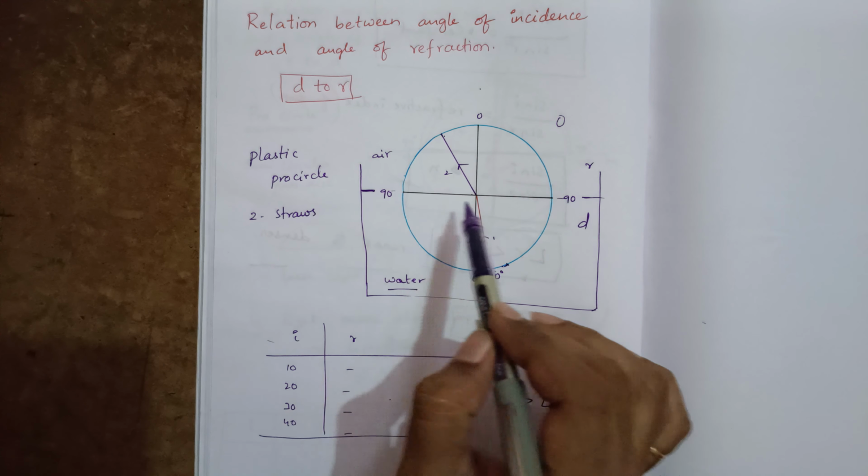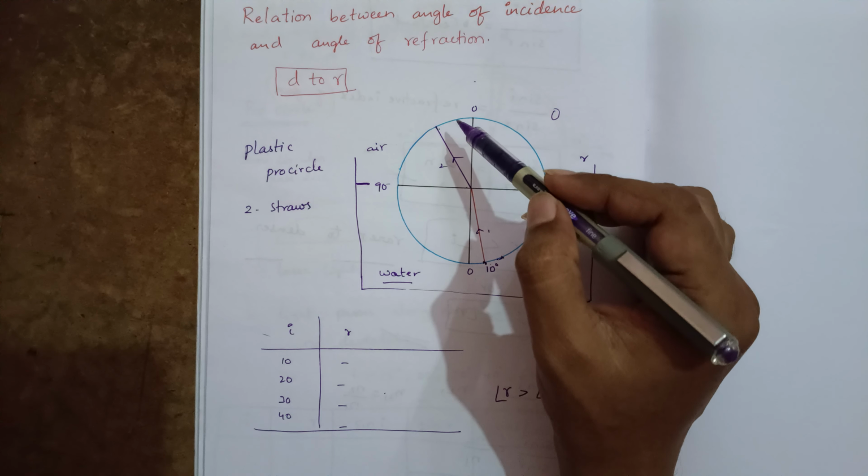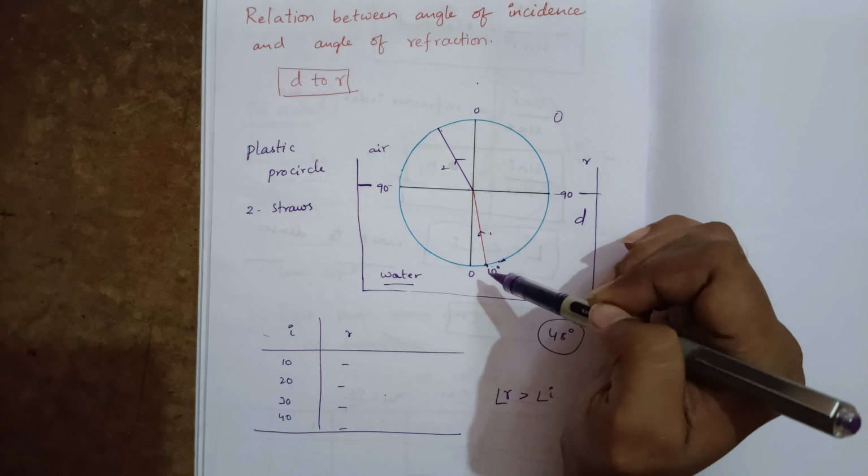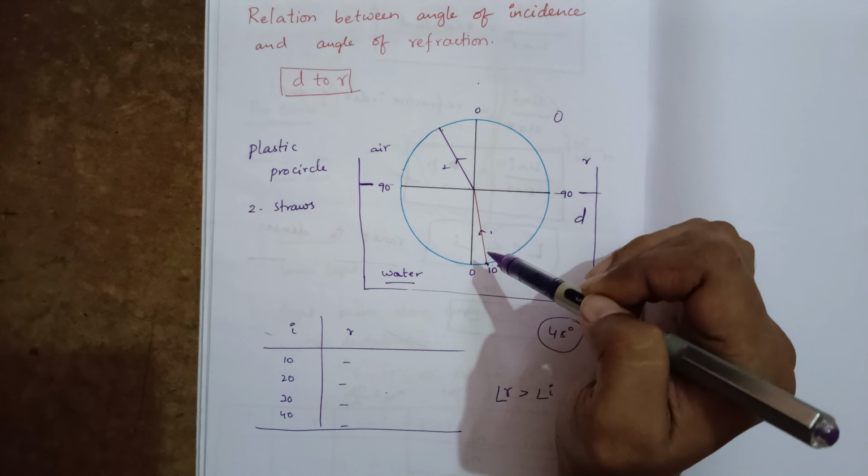Then we immerse this into the transparent vessel up to the horizontal line. The second straw should be arranged straight to the first straw when it is in water, so both appear in a straight line.